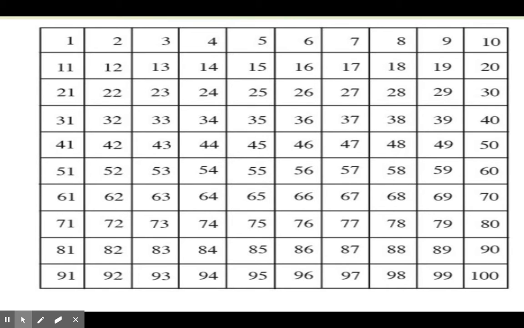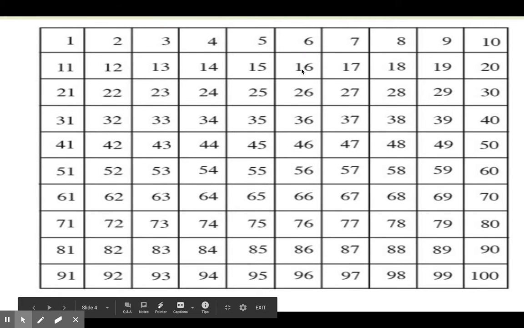Now I want you to look at this hundreds grid and find me the numbers that are divisible by 5. All right. As you're looking in the hundreds grid, did you notice that they also create a pattern?